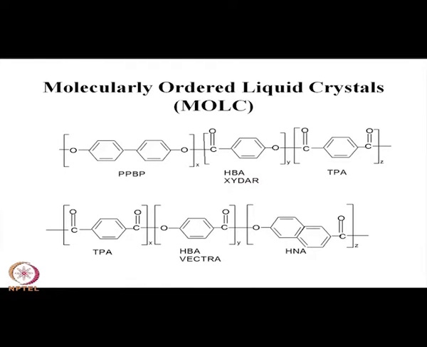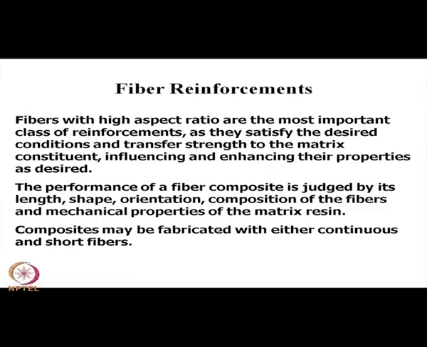Now, till now we have discussed at length the different types of matrix resin polymers as the matrix continuous phase for making composites, in both the thermoset and thermoplastic category.